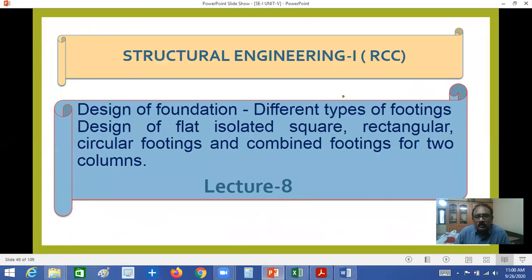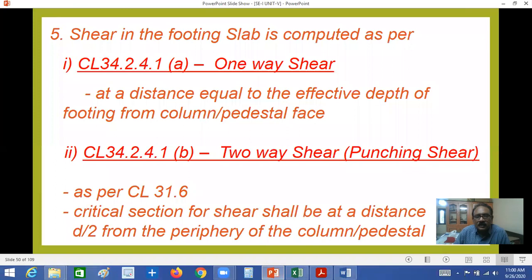Clause 34.2.3.2, I explained about this in yesterday's class. Now, what is shear in a footing slab? It is computed as per Clause 34.2.4.1(a), one-way shear.